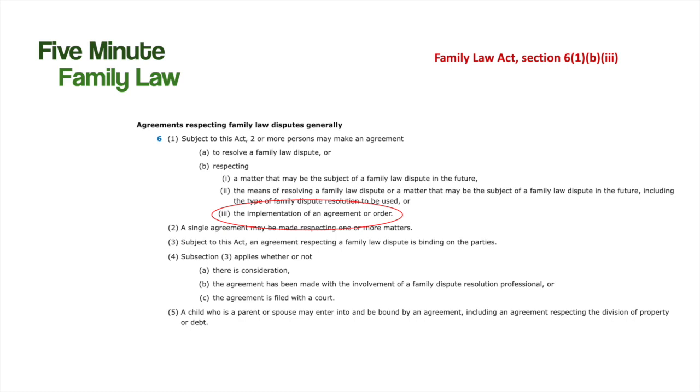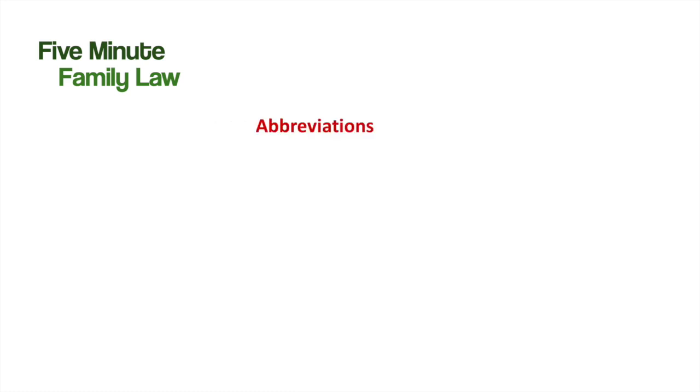Now, let's explore how we refer to statutes in a little more detail and talk about some abbreviations. We have already run into the abbreviation for the word chapter, and that's C. We've also seen the abbreviation for section, which is S. If we are referring to more than one section, the plural sections is spelled SS.